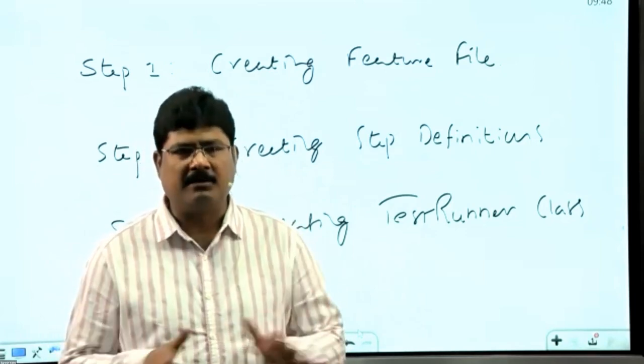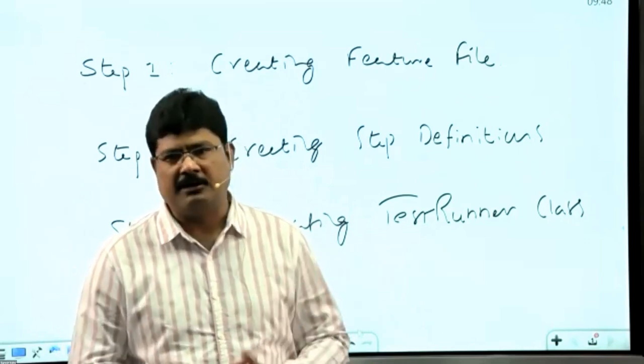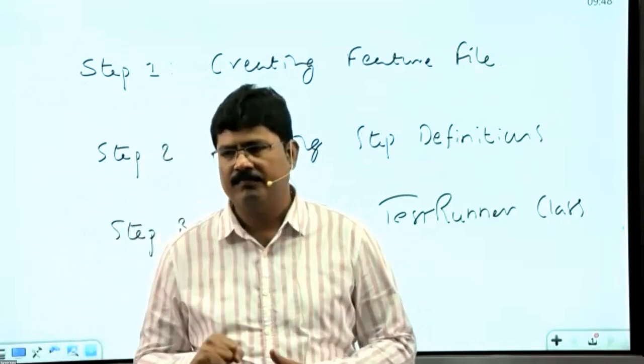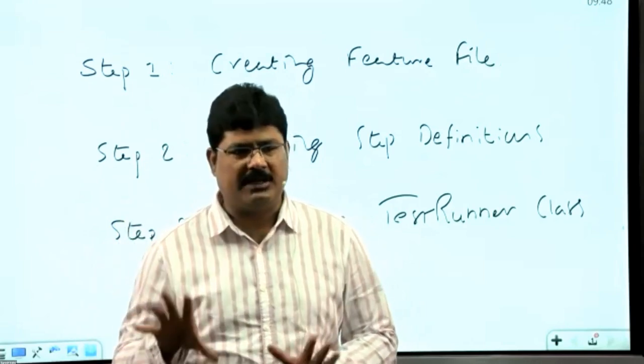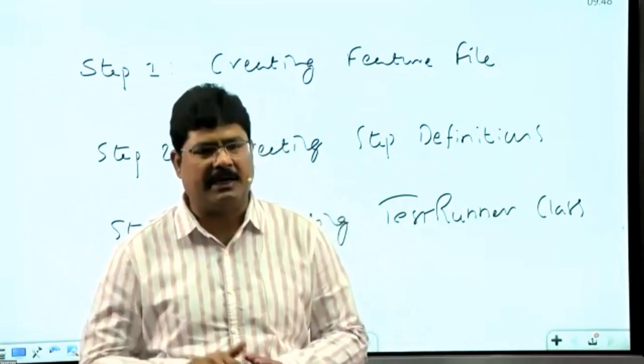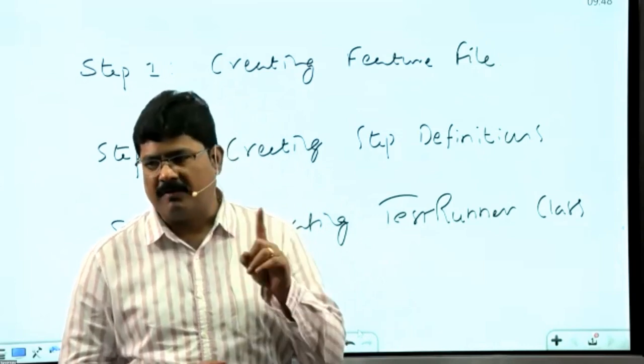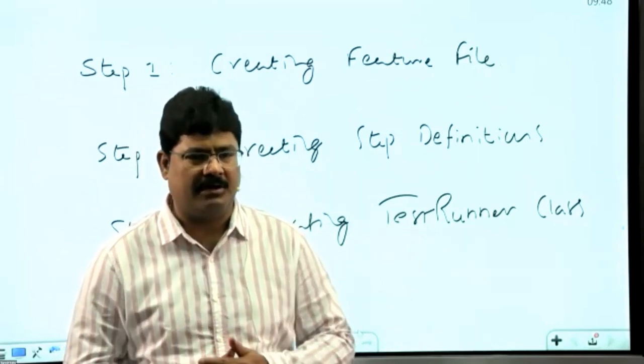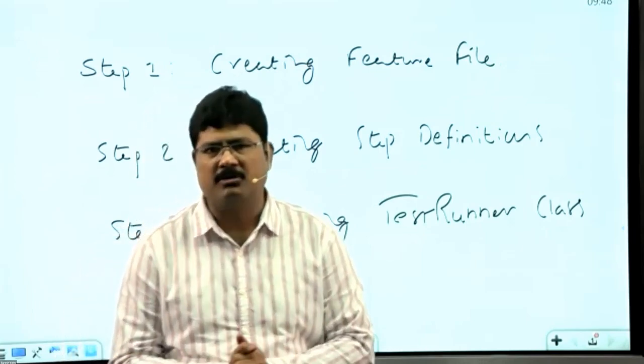I conclude here today, and tomorrow we'll continue the discussion on how to develop the code for these steps, how to write the code for this step, and how to create a test case class. We'll continue tomorrow. Thank you.